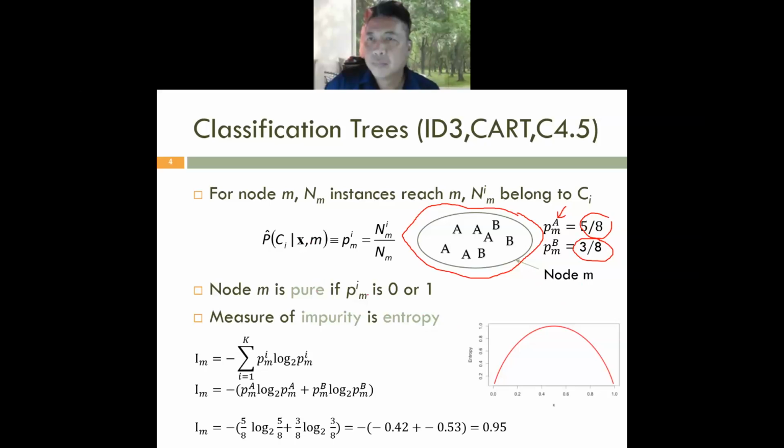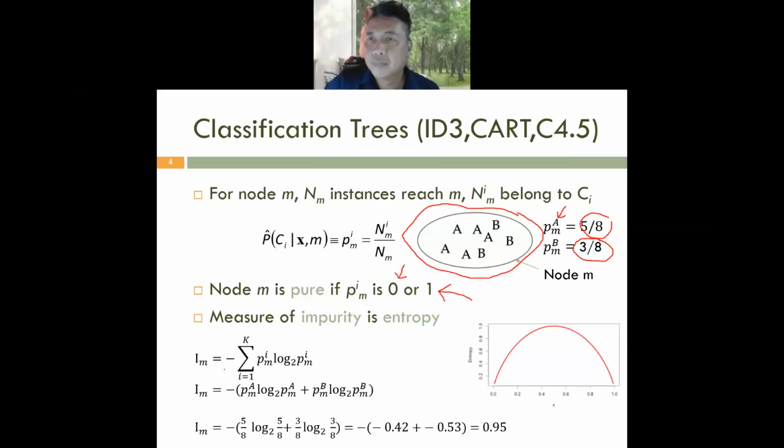If the group consists of all the same class, we will have 0. It means they are very pure. If they are not pure, meaning the content is 50-50 percent, the value will be 1.